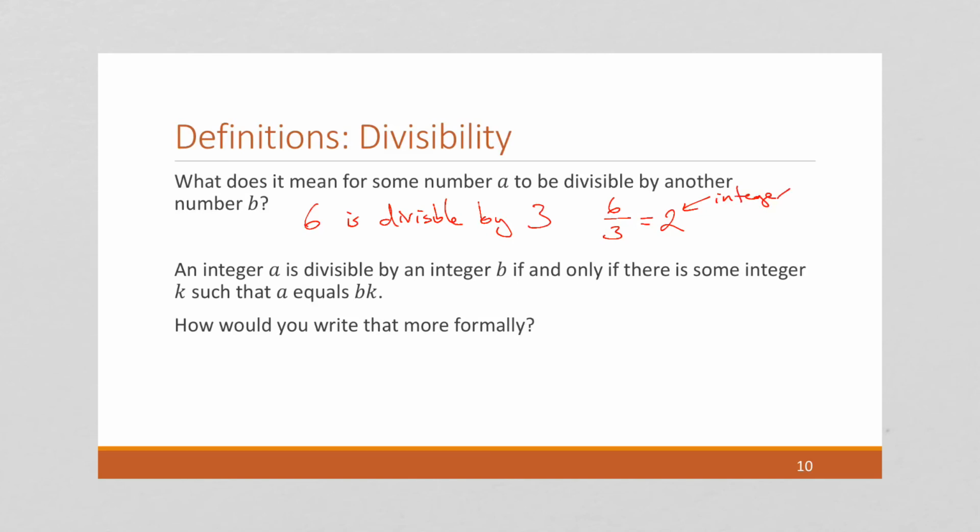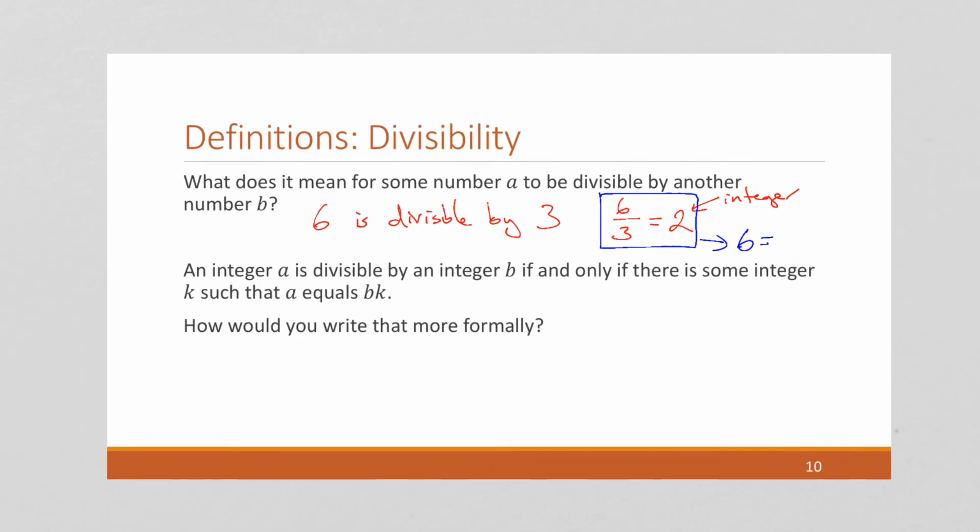Think about another way of writing this. Another way of writing this is how we usually think of divisibility, or certainly how I usually think of it, but I can rewrite this as 6 equals 3 times 2.